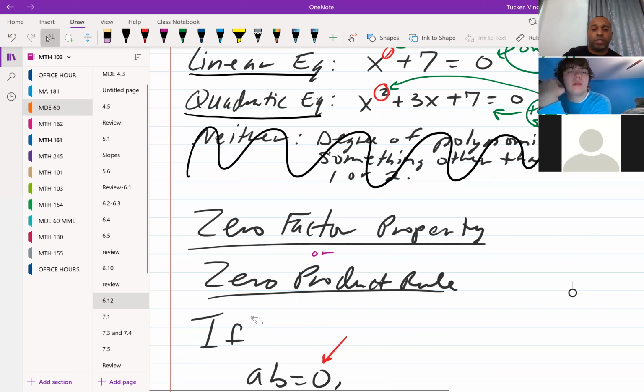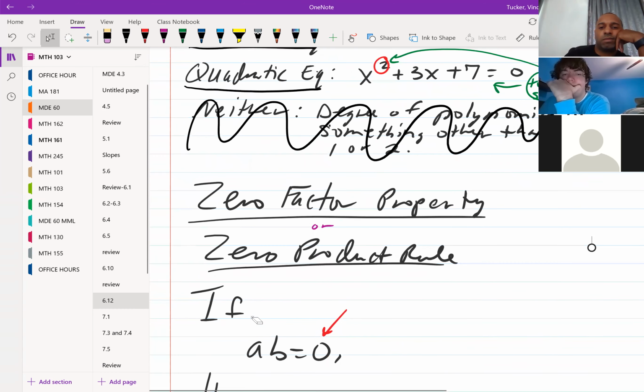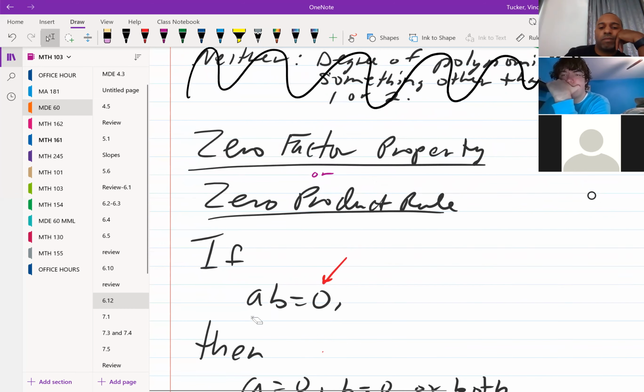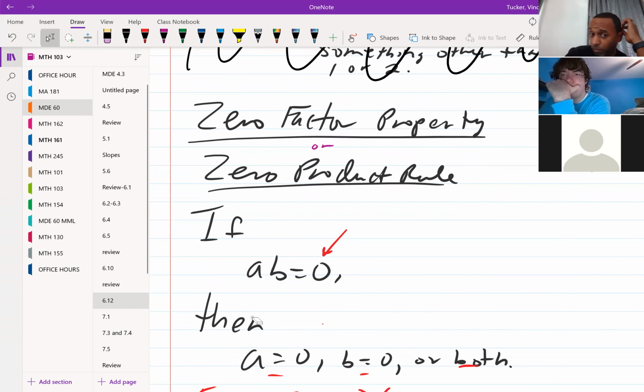All right, so we're going to use the zero factor property, or the zero product rule, depending on what book you have and what they tell you. It's called the zero factor property or the zero product rule. It just says that if A times B is equal to 0, then A is equal to 0, B is equal to 0, or both.